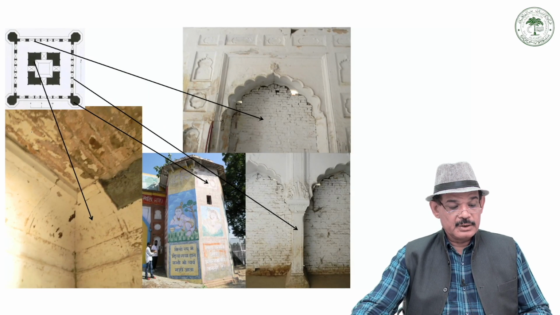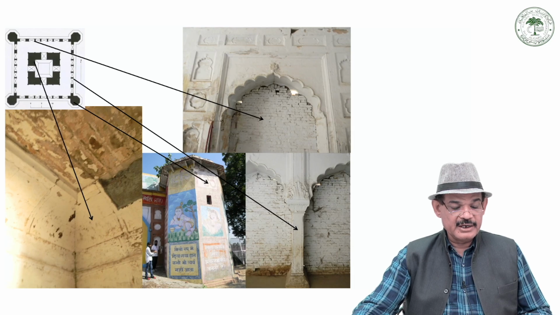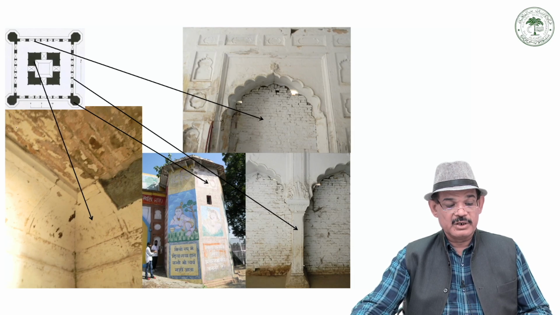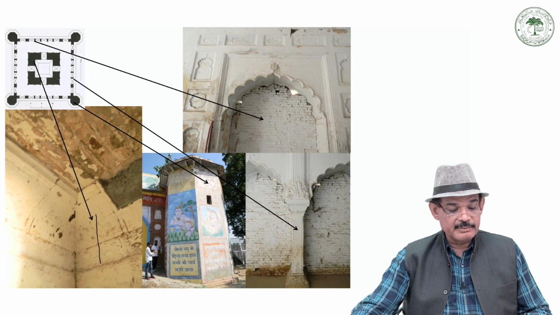The central chamber is surmounted with a flat roof, and this flat roof got support from the corbelling that projected inside from all sides, providing extra strength.